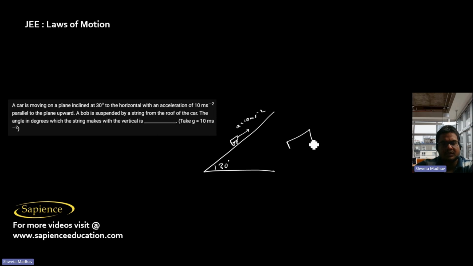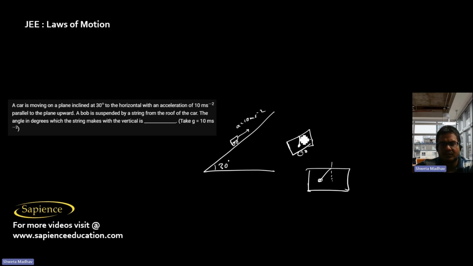So inside this car, there is one bob of a simple pendulum which is suspended. So the angle that the bob will make with the vertical is. g is 10 meter per second square.